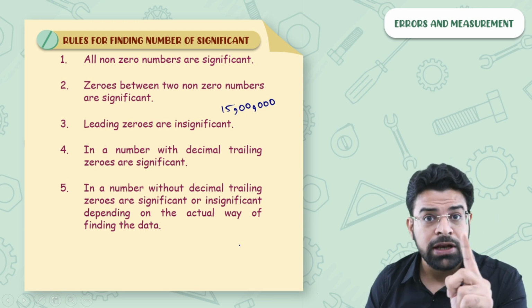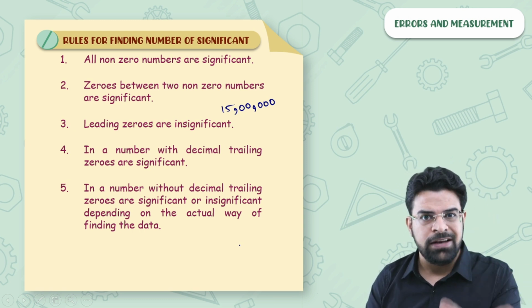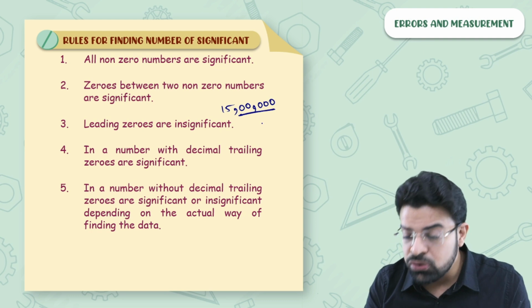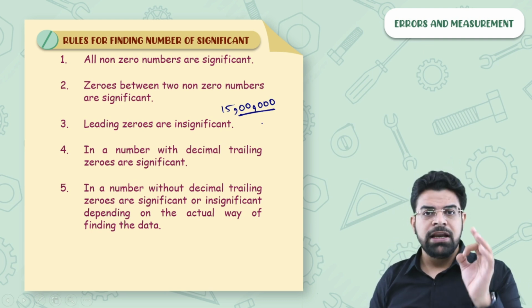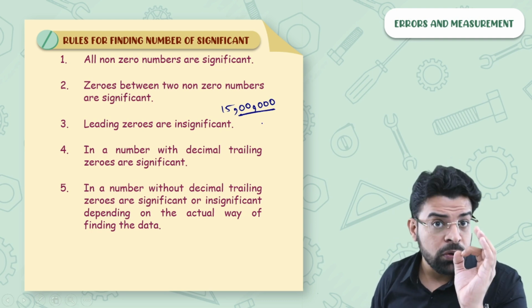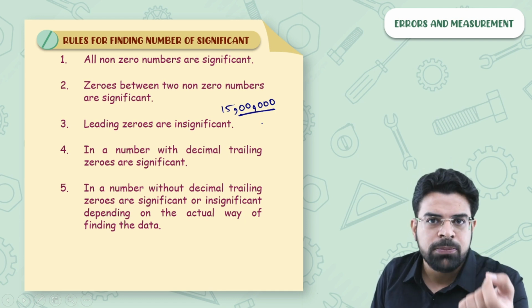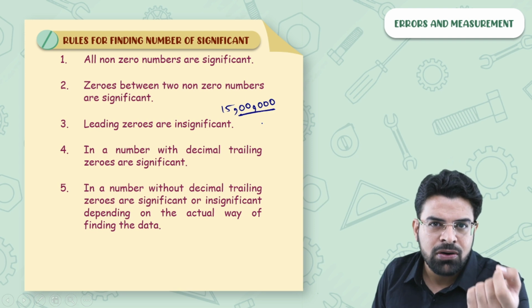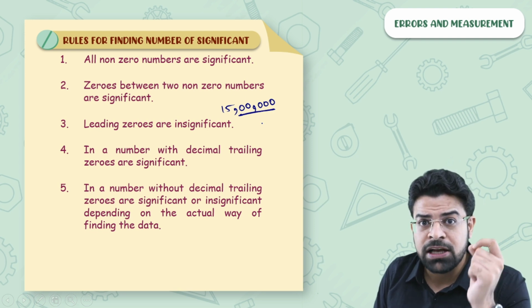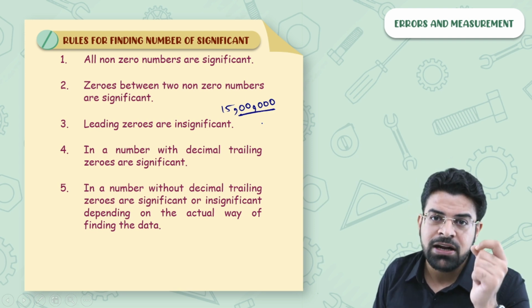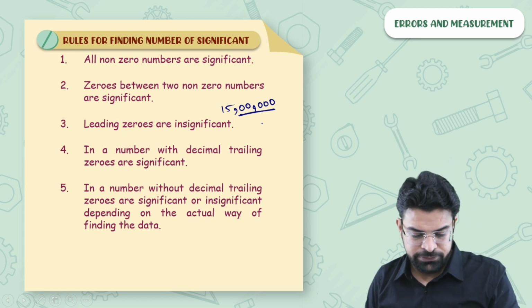If you have counted and then you are reporting 15 lakh, then beta, the trailing zeros are significant. So the trailing zeros in a number without decimal should be treated as significant or insignificant depending upon whether they have been measured or not. If the trailing zeros come from an actual measurement, then they are treated as significant numbers.